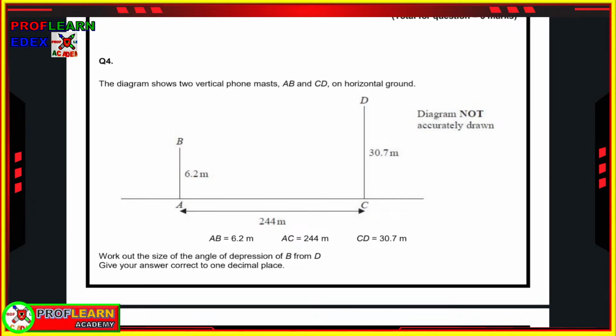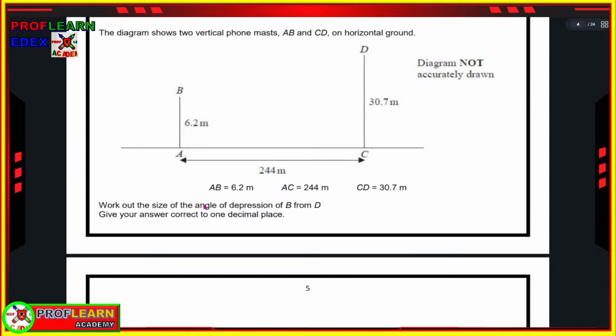We are told that the diagram shows two vertical phone masts, AB and CD. We can see that one of the phone masts is 6.2 and the other one is 30.7. Work out the size of the angle of depression of B from D.